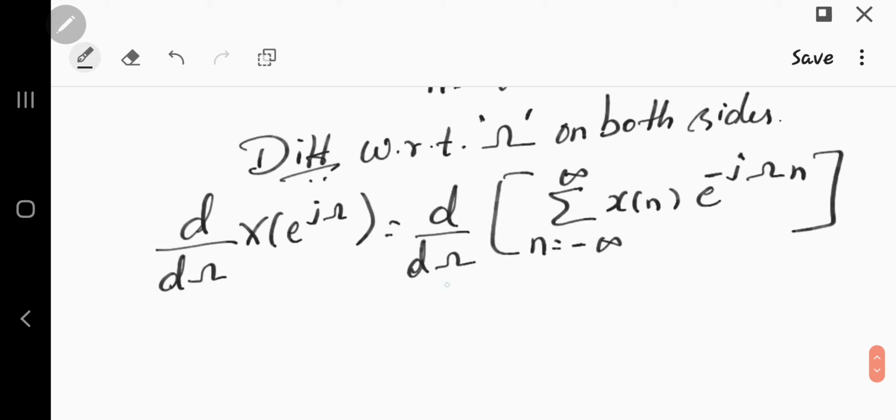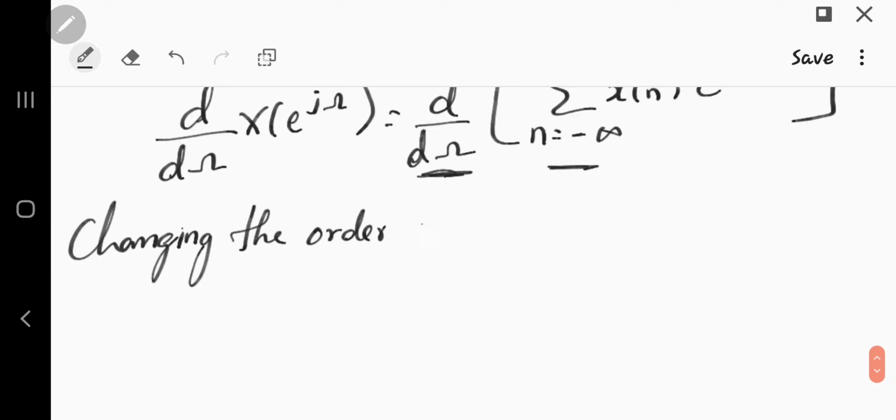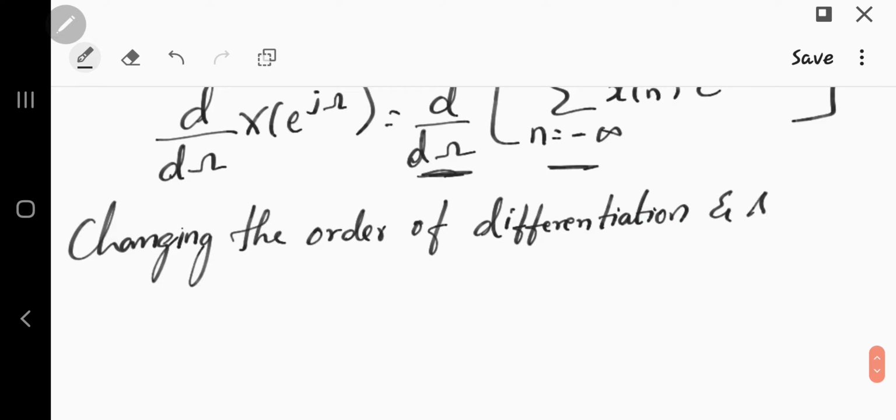Now we interchange the differentiation and the summation here. That means we change the order of differentiation and summation.